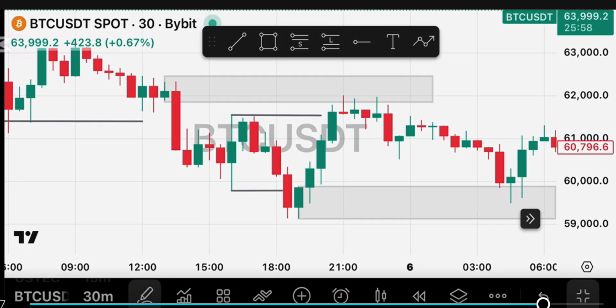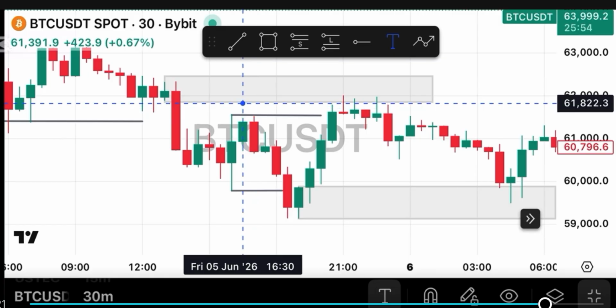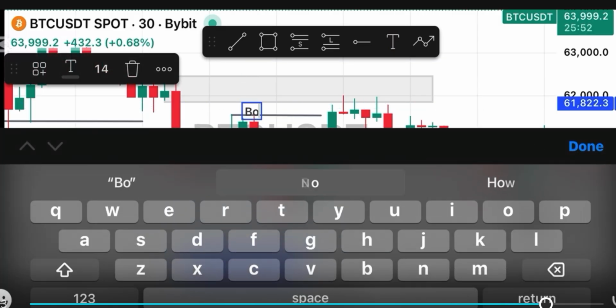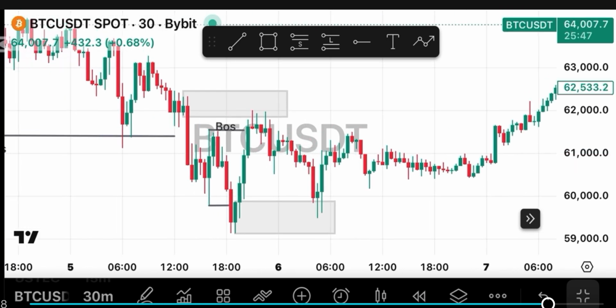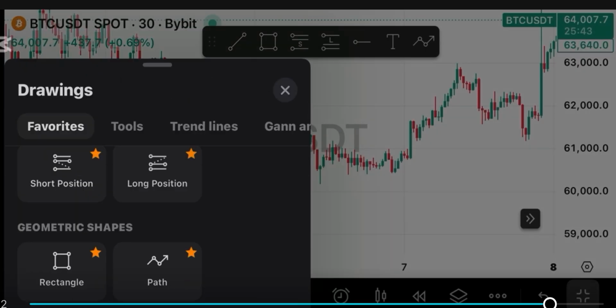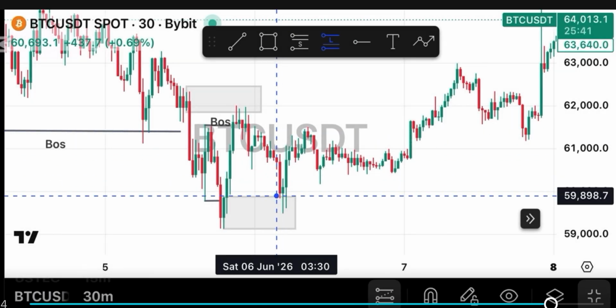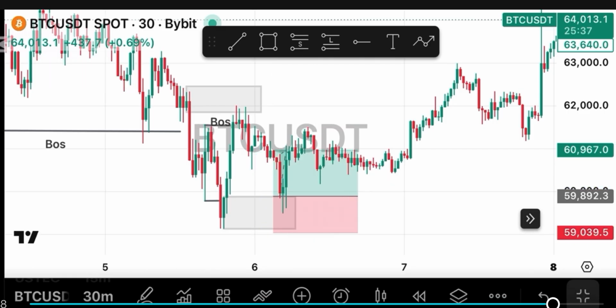Right? So now we are having a new break of structure here to the upside, like I explained earlier. And now we are going to follow the buy. So after cashing this sell, you can take this buy here again. This buy, right?